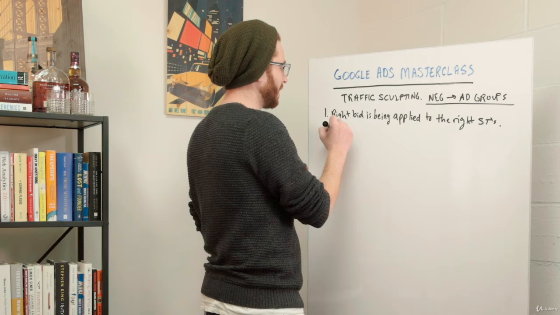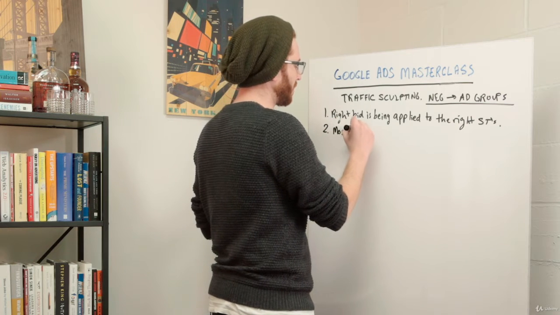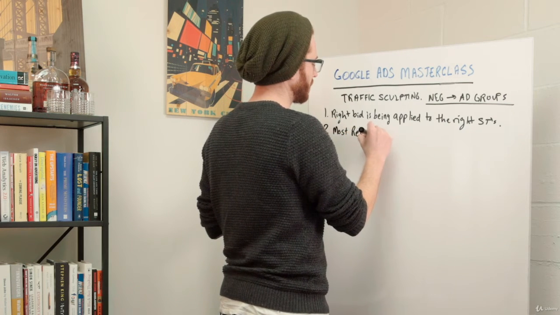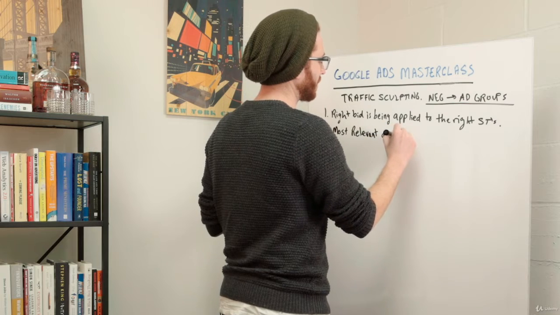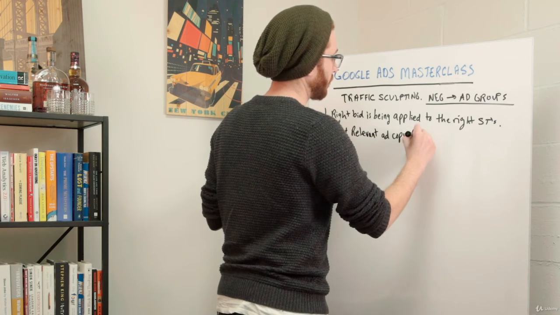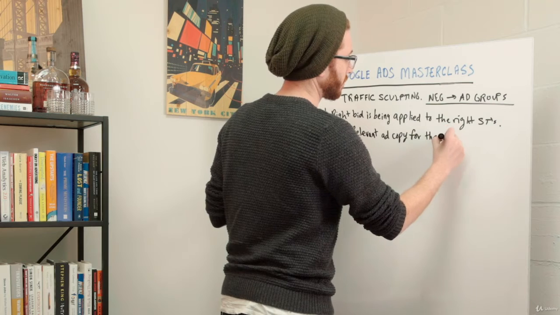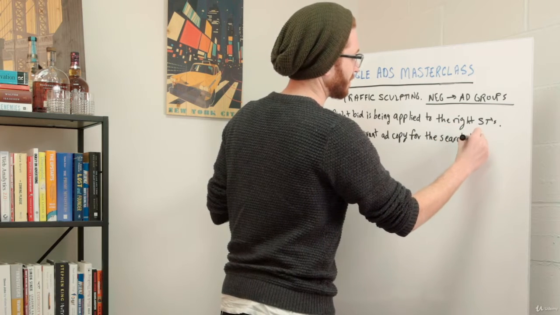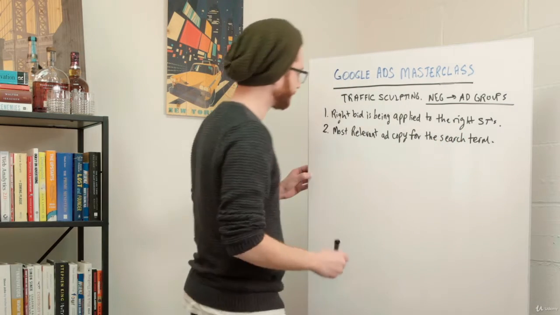Second one is you get the most relevant ad copy for the search term. I'm going to show you some examples of that, and it'll make a lot more sense in a second.